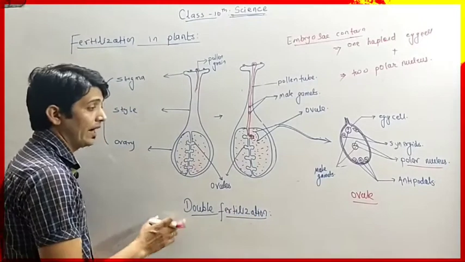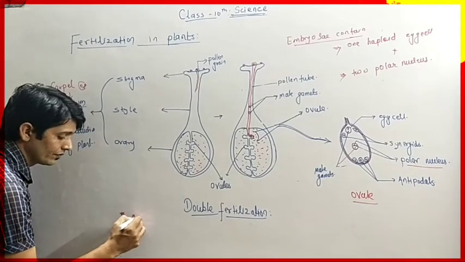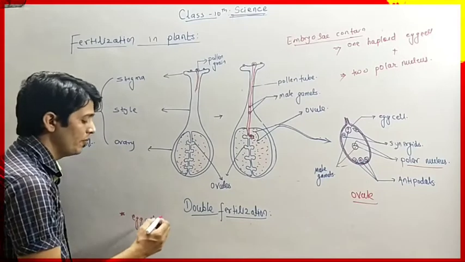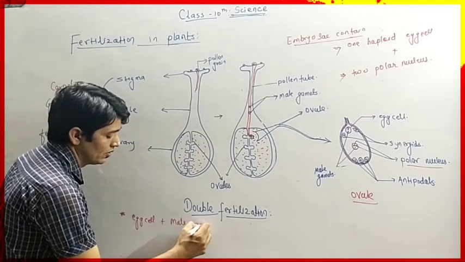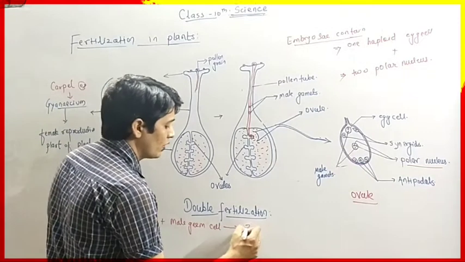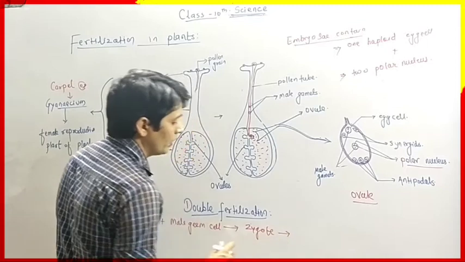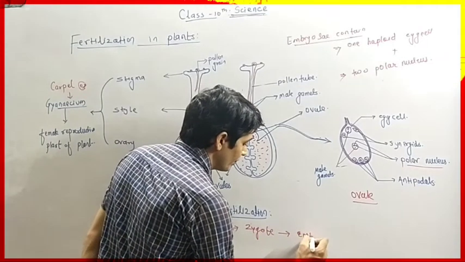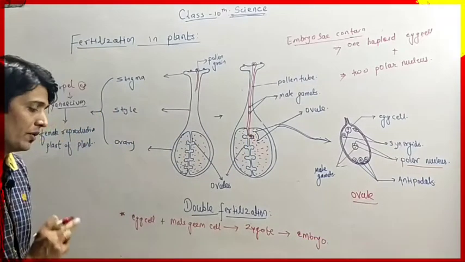So we have to write here: egg cell fuses with male germ cell to form zygote, and zygote then develops into embryo.